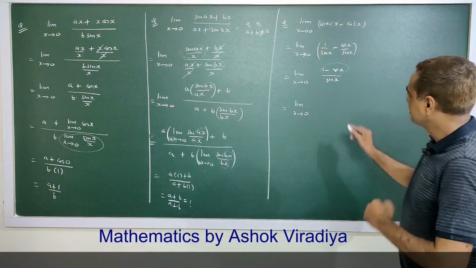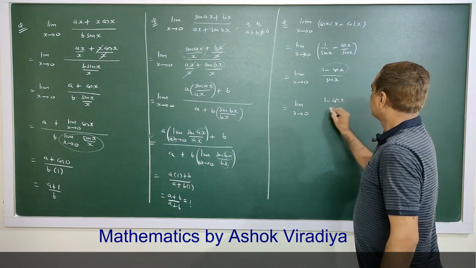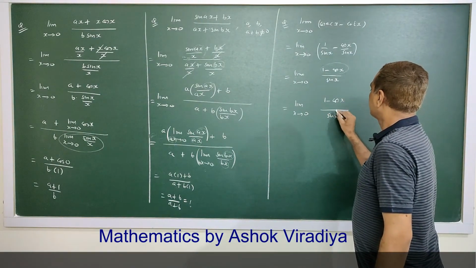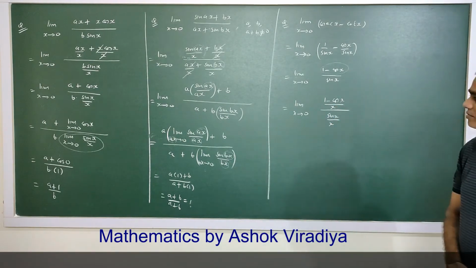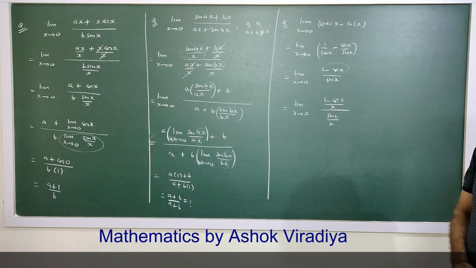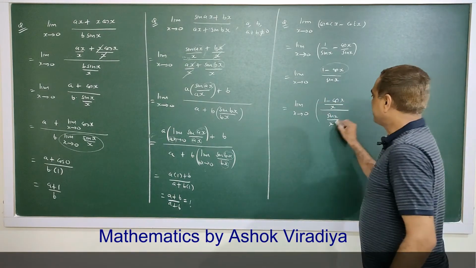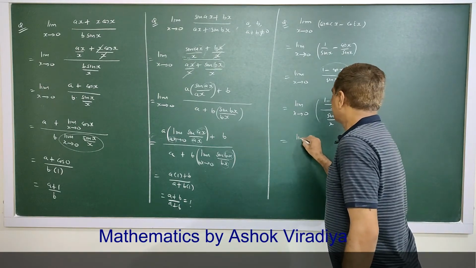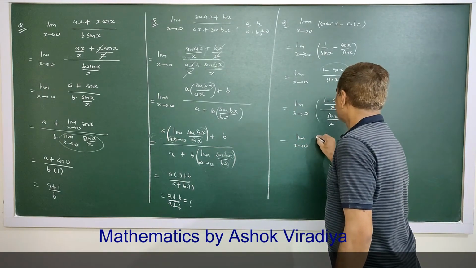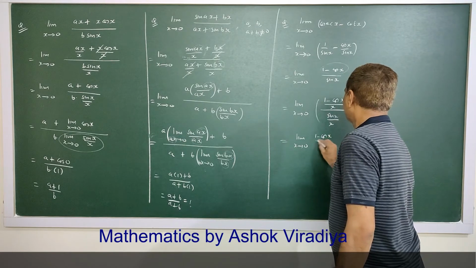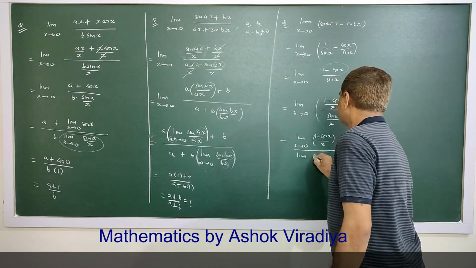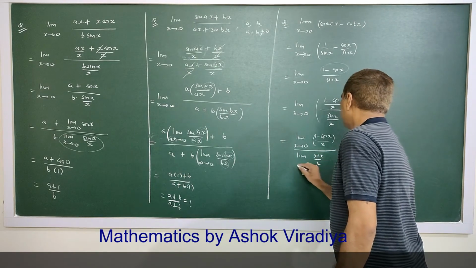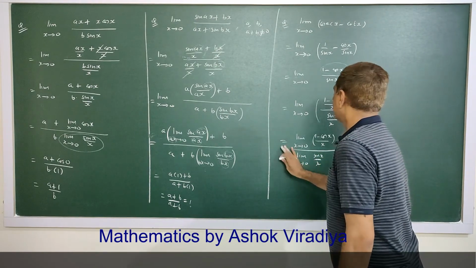So what do we do here? Divide numerator and denominator by x. Numerator and denominator are divided by x. Now applying individual limits: limit x tends to 0 of 1 minus cos x upon x, upon limit of sin x upon x, x tends to 0.